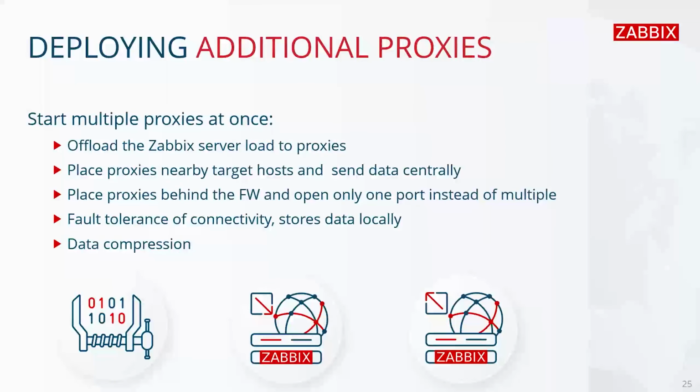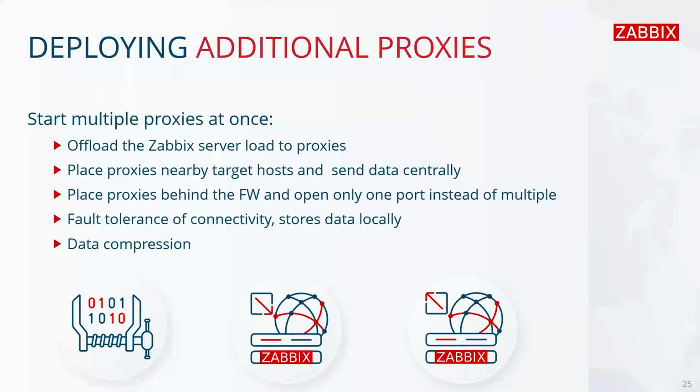You can deploy additional proxies. So you can start multiple proxies in Docker. This can be used to remove the preprocessing from the Zabbix servers. You can place your proxy behind the firewall, which can gather data from different agents and different devices, and it only requires 1 port to send this data back to the Zabbix server.